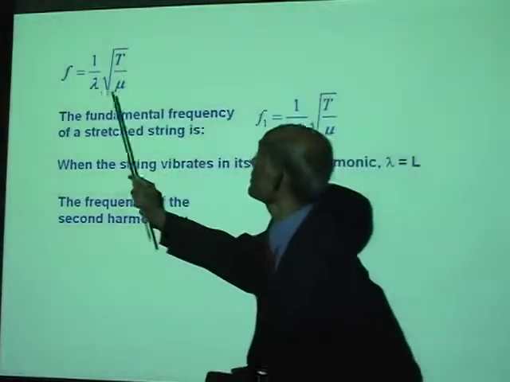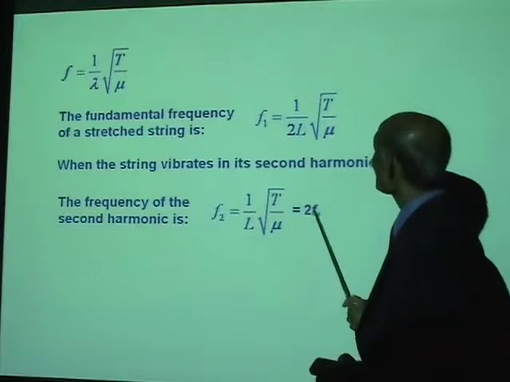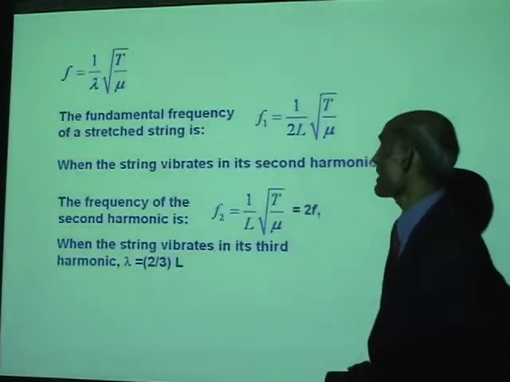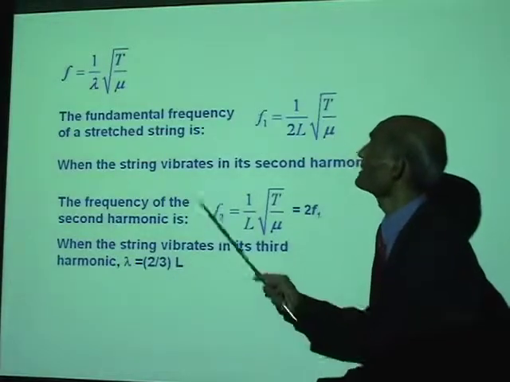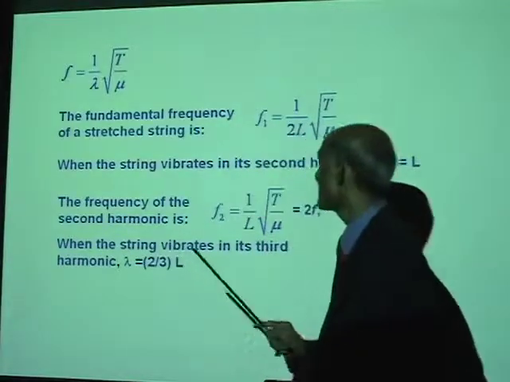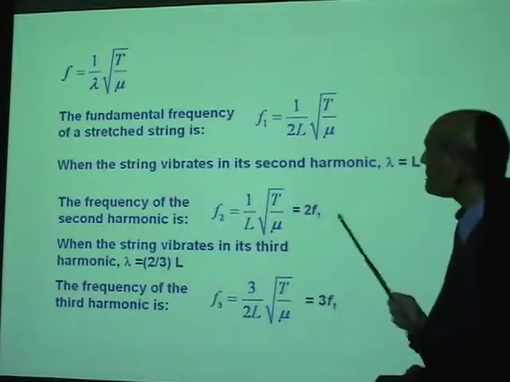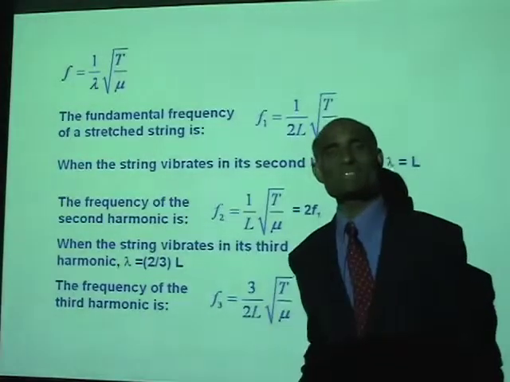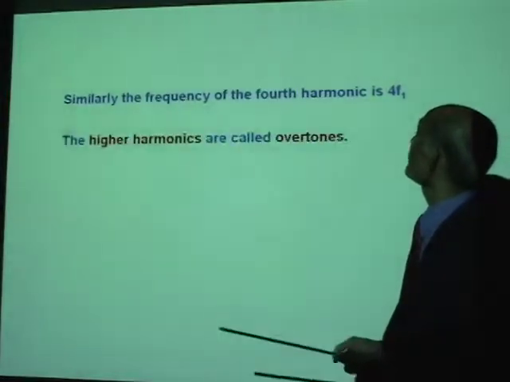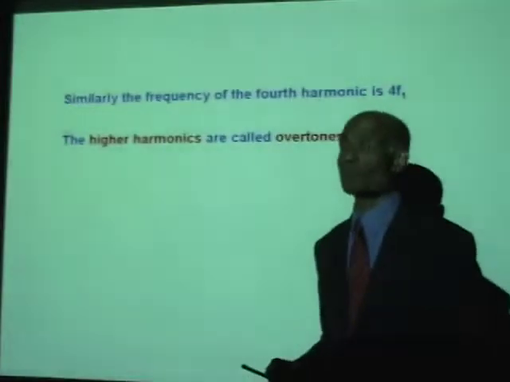For the second harmonic, you replace lambda by L, and that will be 2 times the fundamental. And when the string vibrates in its third harmonic, the frequency will be given by replacing that lambda by 2/3 of L. There you are. And that will be 3 times the fundamental. We saw that several times in this lesson. Similarly, the frequency of the fourth harmonic is 4 times, and so on.